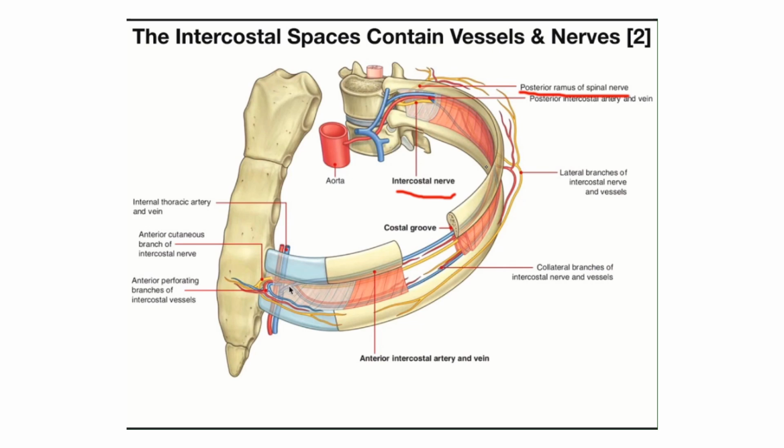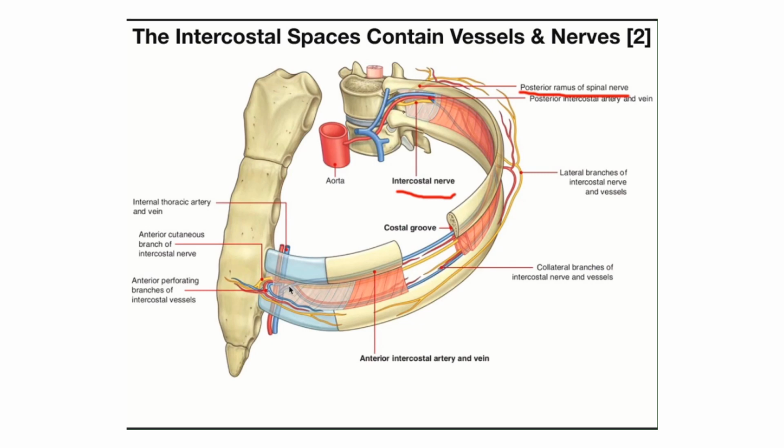Why? Because they have the same or a similar course over the chest cavity. Let's talk about this course. The third to sixth intercostal nerves, the anterior rami, when they enter the chest cavity, they enter the most medial part of the posterior intercostal space.